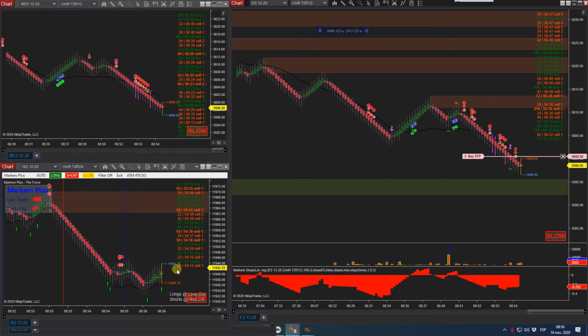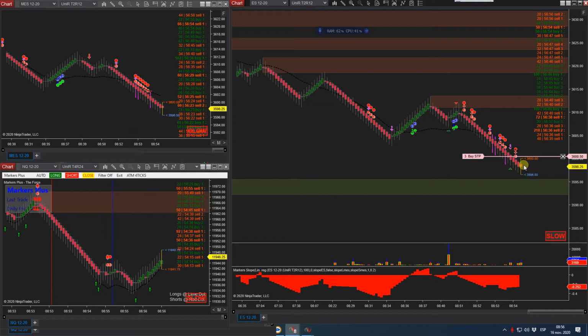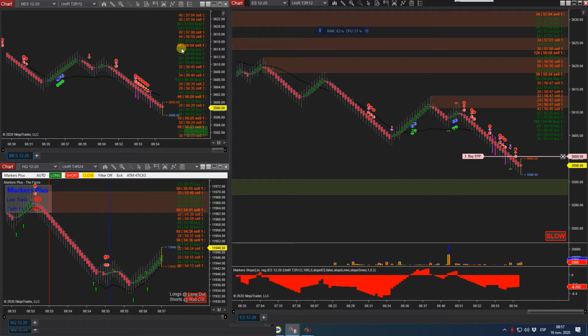Hey, there goes the Nasdaq turning around. Let's see if the ES follows. Buyers in the tape, but still more bearish than bullish.